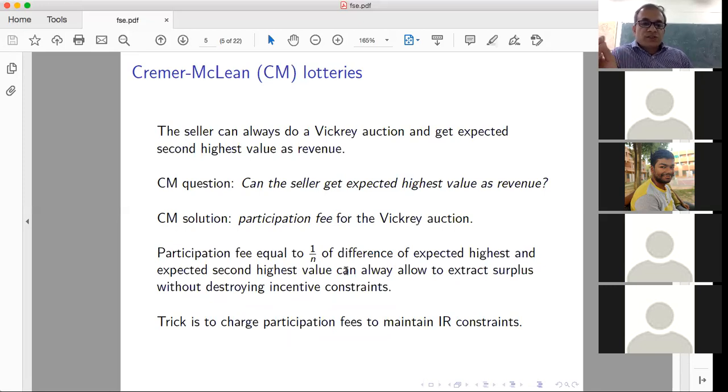So it can be charged even before the types are realized by the agents. But in principle, I can also say, okay, you come to the auction, but I will take something from you which may depend on the types of everyone, independent of whether you win or lose. That can be basically a type-contingent participation fee.